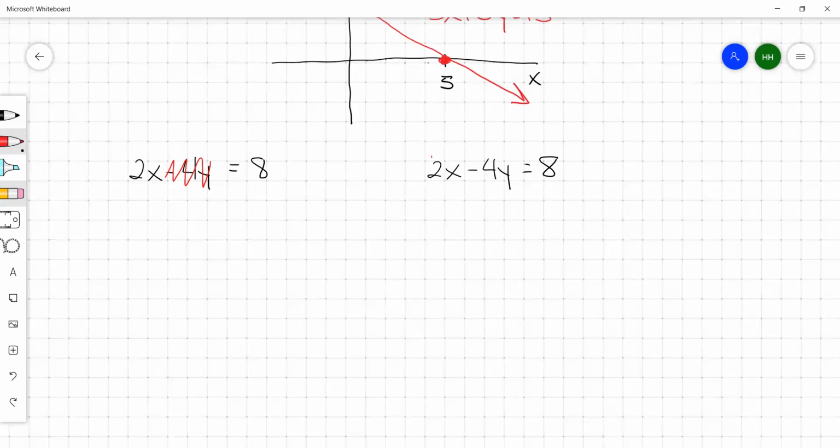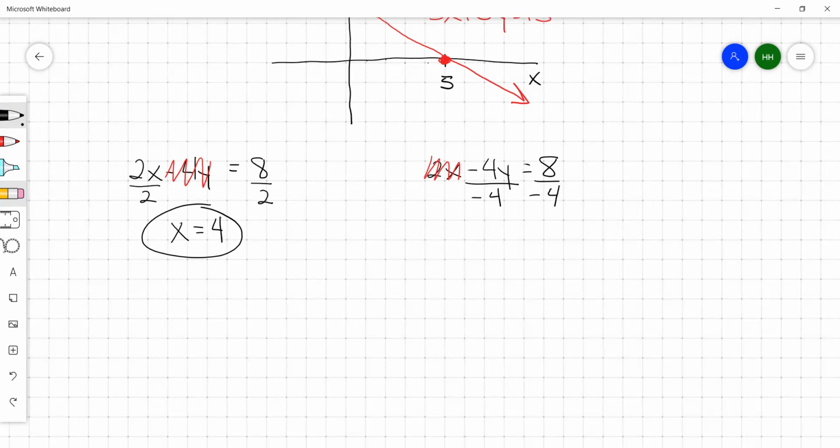Second equation, I'm getting rid of the x. Solve for each variable. So we got an x-intercept at 4 and a y-intercept at -2.